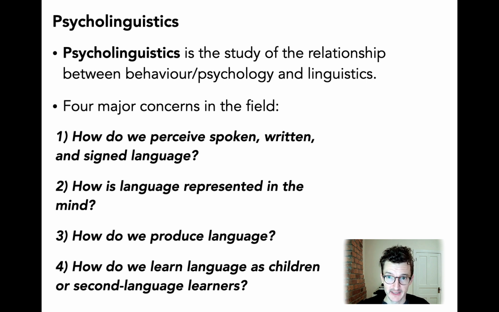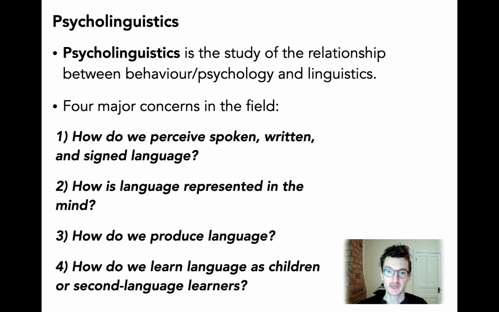Psycholinguistics, the psychology of language, is the study of the relationship between human behavior, psychology, and linguistics. Whereas linguists are interested in language generally, the makeup of languages, how words are combined in languages, and how languages differ, psycholinguists are interested in how linguistics interacts with psychology or shapes our psychology.